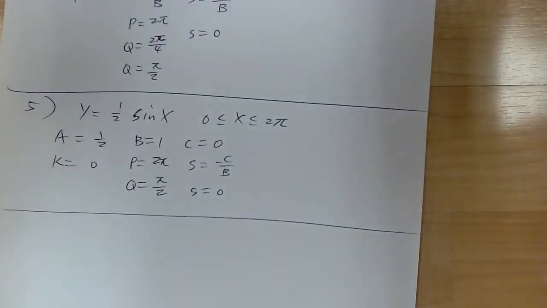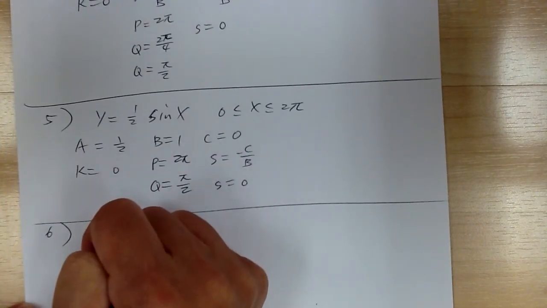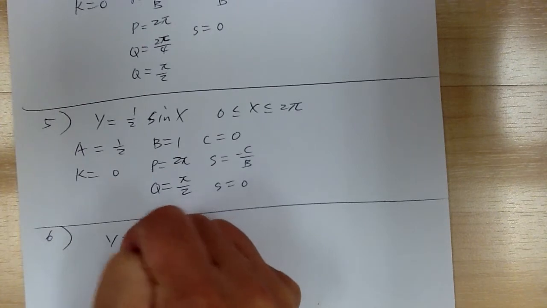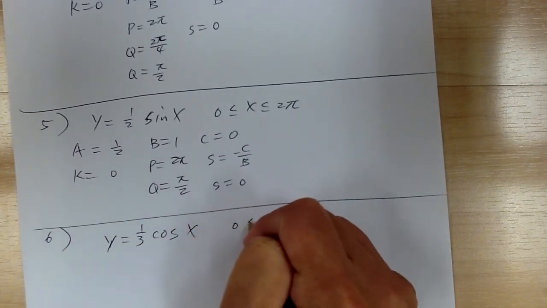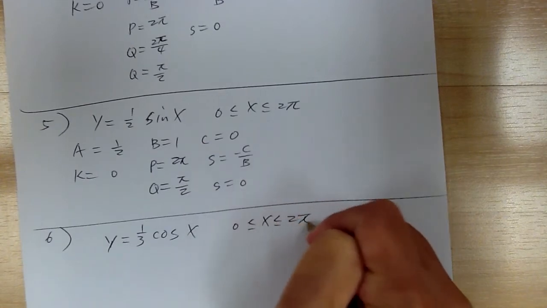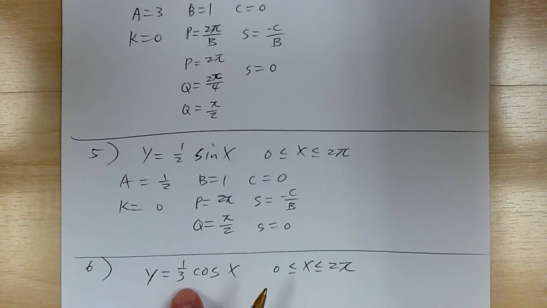Okay, let's go to number 6. So you got y equal to 1/3 cosine x. You want to go from 0 to 2 pi. I'm going to use the cosine information from number 2.